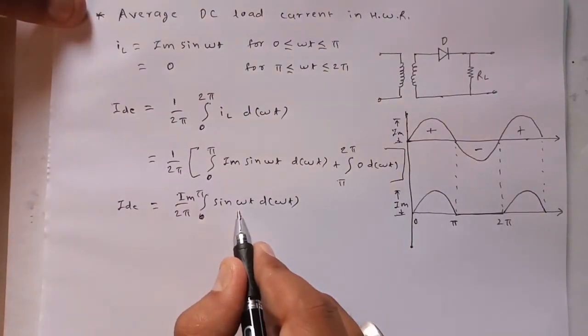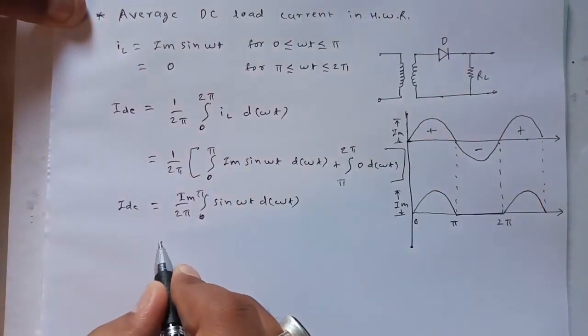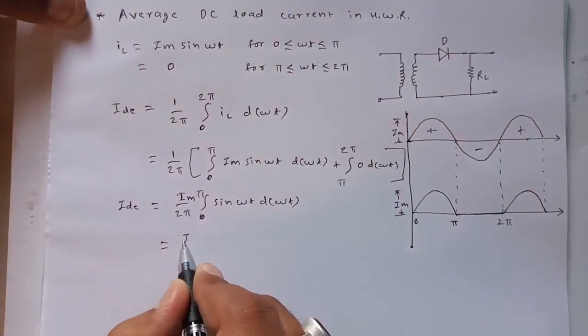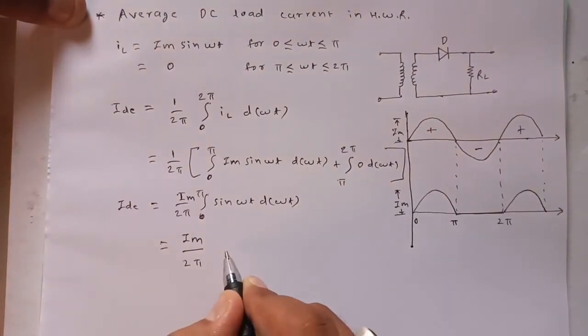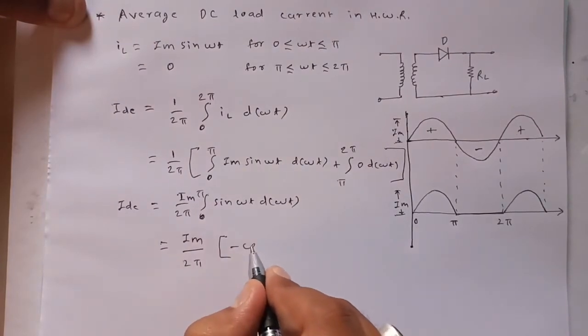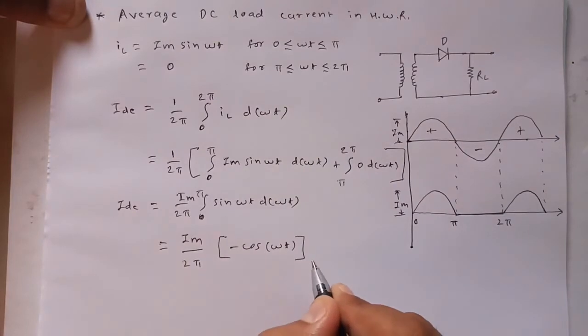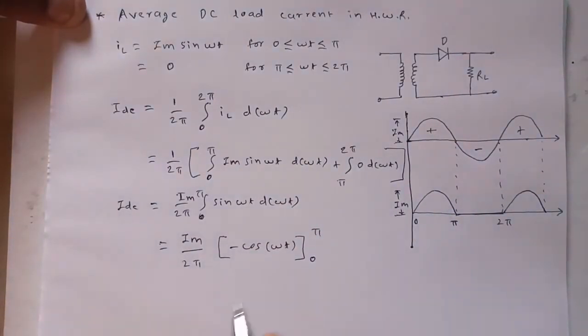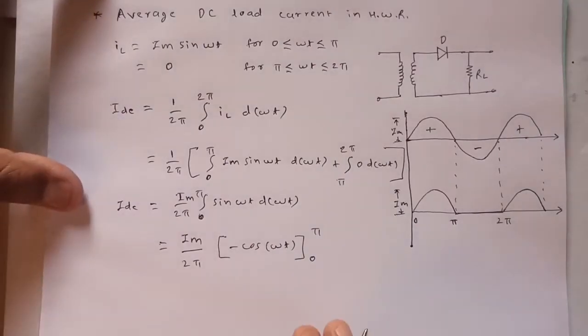Integration of sine is nothing but minus cos. So further solving, I can write Im by 2 pi, and the integration of sine is minus cos omega t, with the limits 0 to pi. Right, now further we have to solve it.